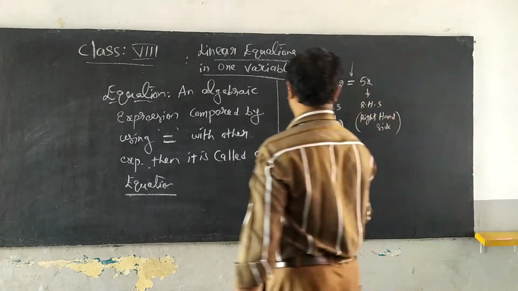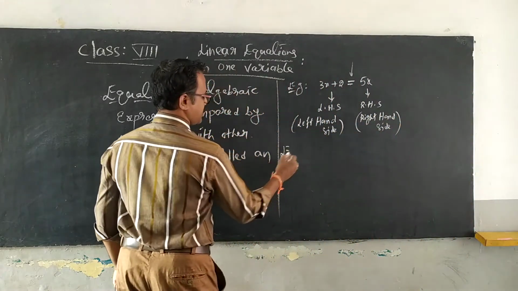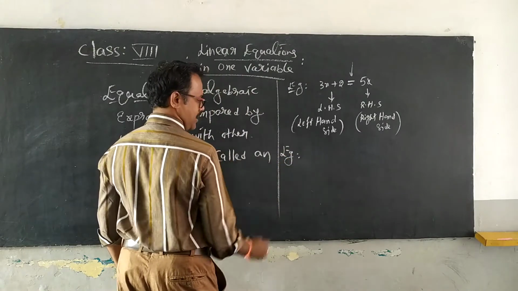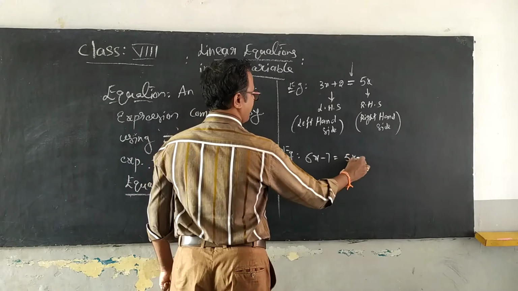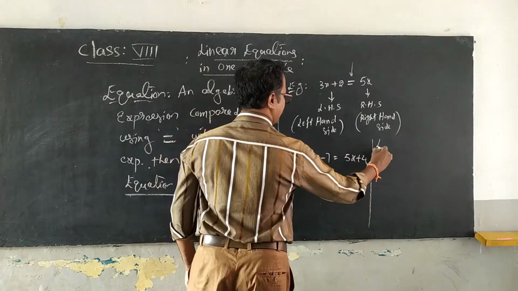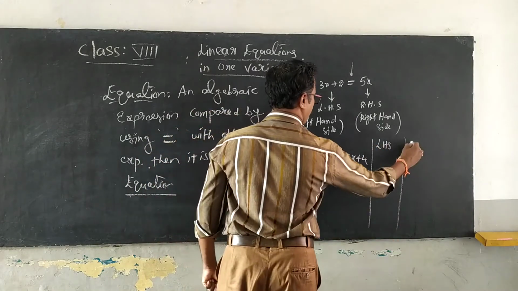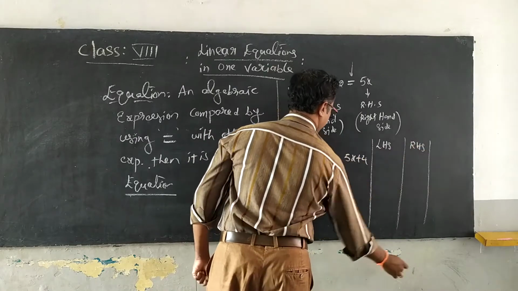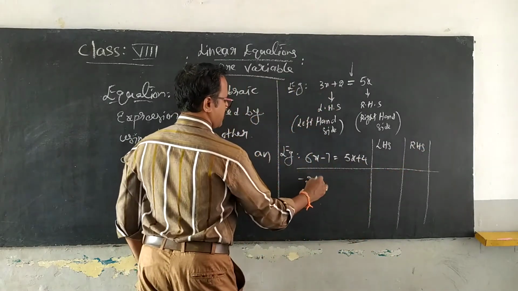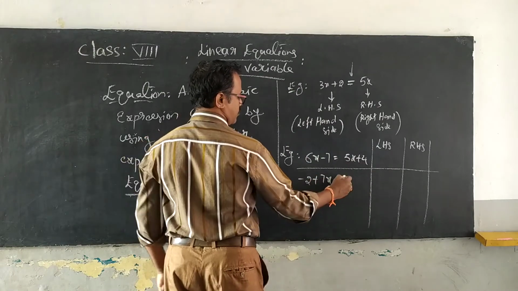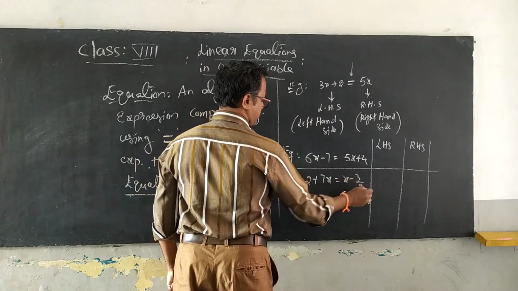Okay, right. Now I give you some examples. You write their LHS and RHS. 6x minus 7 is equal to 5x plus 4. Write the LHS and also RHS. The second one I give you: minus 2 plus 7x is equal to (x minus 3) by 2.